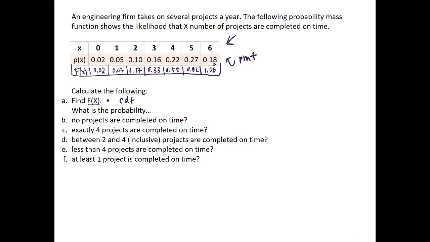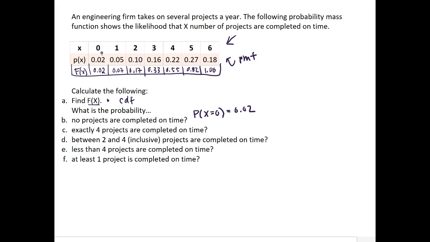Okay, so now we can use that to find probabilities, or we can use the probability mass function. This question asks, what is the probability no projects are completed on time? That's the probability of x being equal to 0, and that is simply equal to 0.02. That one is found straight from the probability mass function.